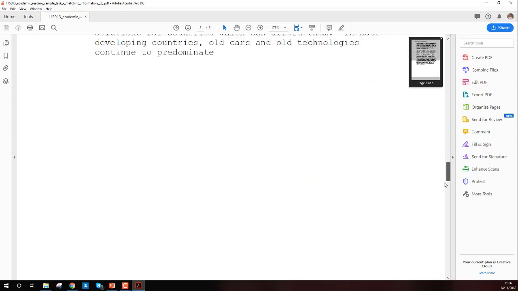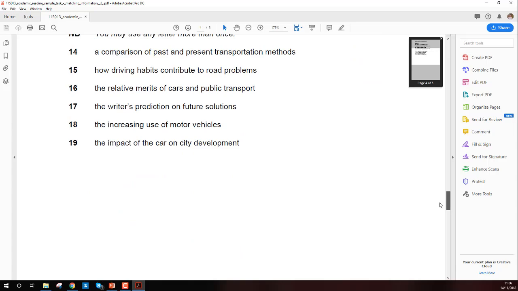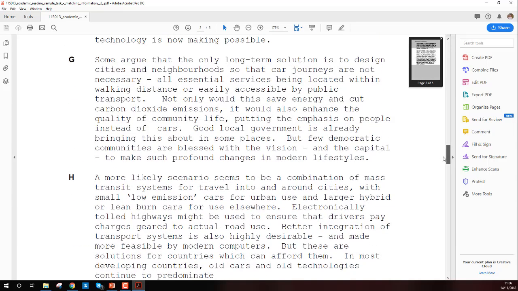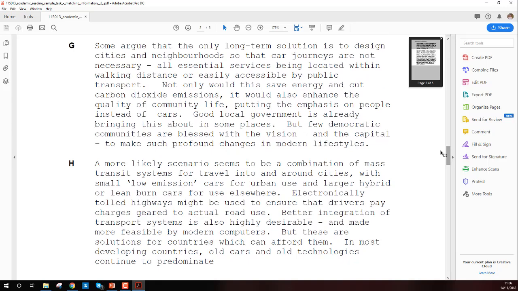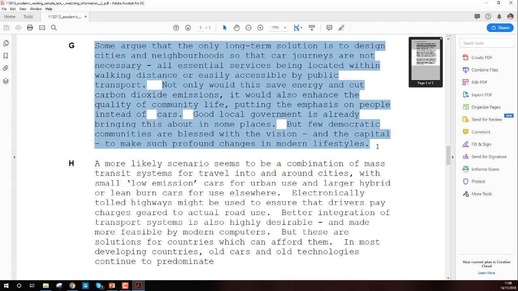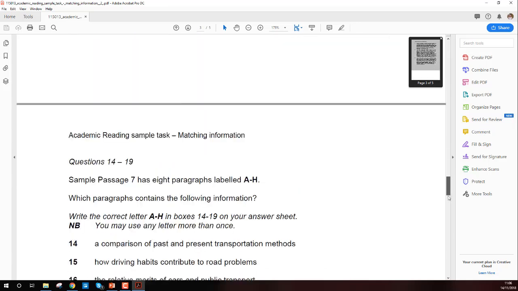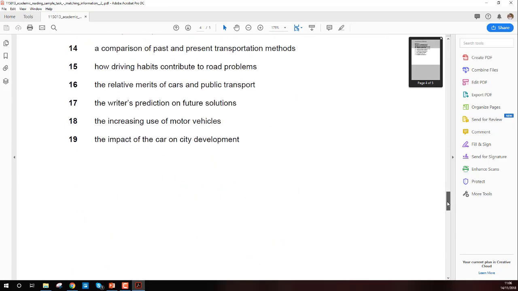Okay, so both are kind of talking about writer's prediction on future solutions. So this is talking about some things that might happen, and then this is him saying, so this might happen in the future, but this is what I think is going to happen. This is the more likely thing that's going to happen. So this is the actual prediction that he's made. So just double check. Prediction 17H, yes.